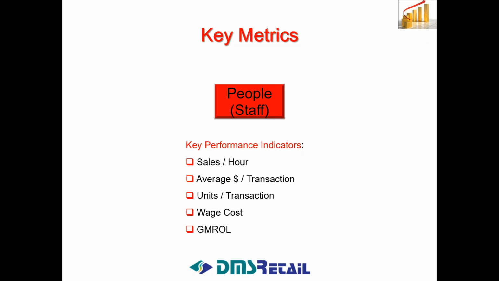On our side, let's say our staff, we measure the sales, we measure average dollars per transaction, we measure units per transaction, we measure wage cost, and we measure another return on investment calculation, gross margin return on labor. That shows how old this business is. We don't call our people labor anymore.